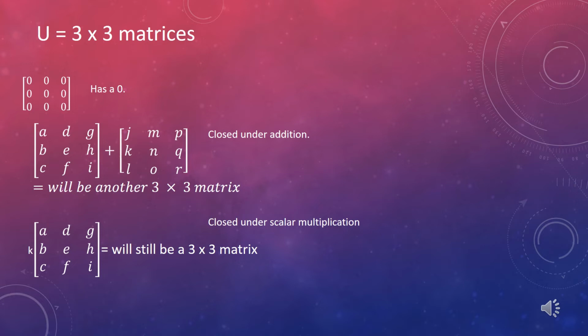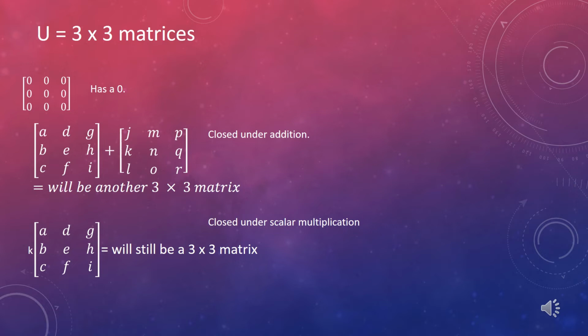Now, if instead we defined our set, our vector space, to be all 3x3 matrices. So not just 3x3 matrices that have integer multiples of 3 in the corner, but any 3x3 matrices. It has a 0 because you could make every element 0. And when you add that matrix of all zeros to any other 3x3 matrix, it's not going to change the value.